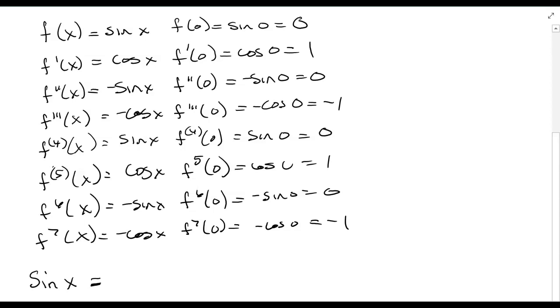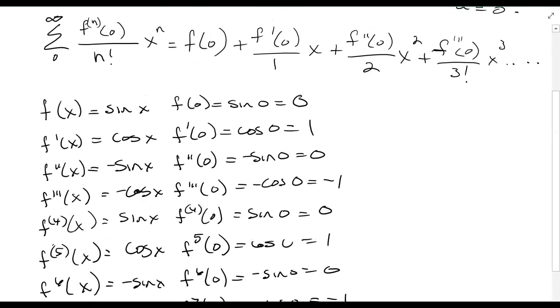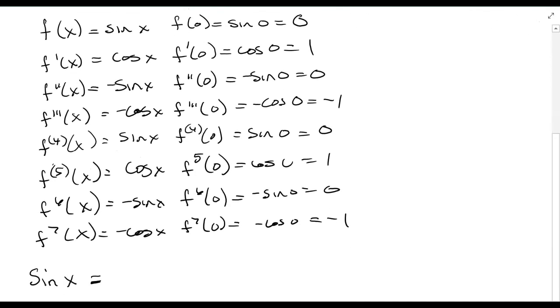So remember, it starts with f of 0. So you have this written down. Well, f of 0 is just sine of 0, so that's just 0. Plus f prime of 0, well, we know that's 1 over 1 factorial. That's just going to be x.